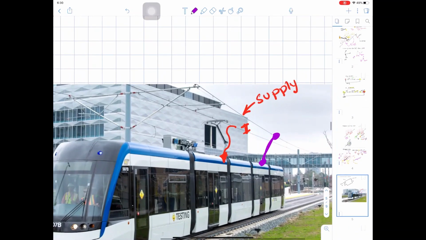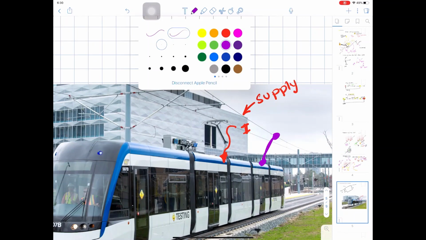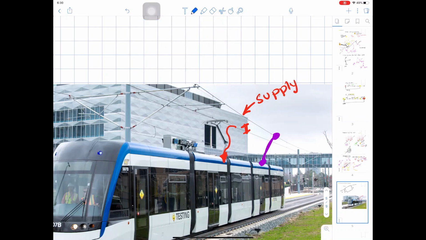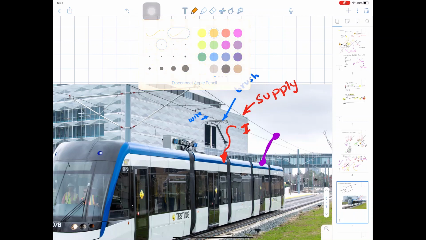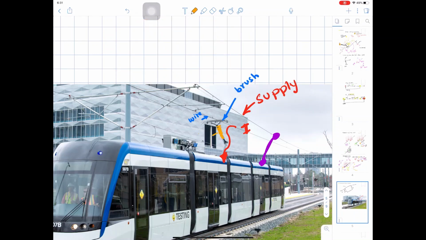They solve this using the idea of sliding. So what we have here is what is called a brush, and this brush is sliding on the wire, and you have here a spring to keep firm connection between the wire and the brush.